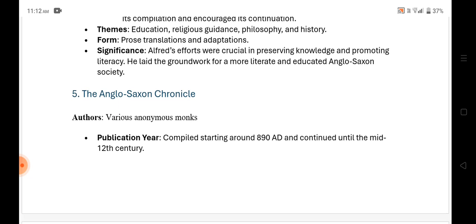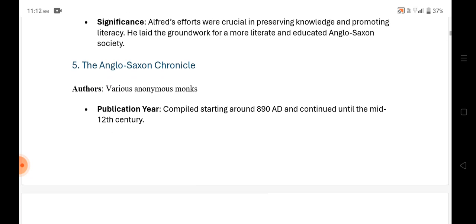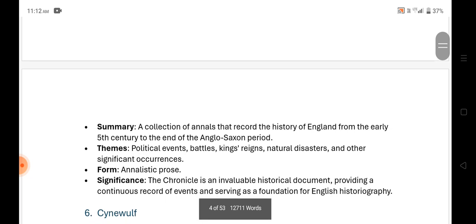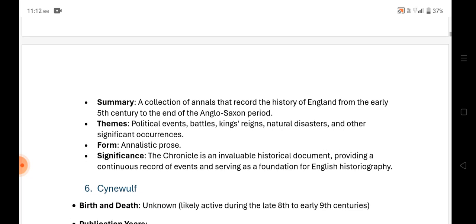The next is the Anglo-Saxon Chronicle. The writers are anonymous. Compiled starting around 890 AD and continued until the mid 12th century. It is a collection of annals that record the history of England from the early 5th century to the end of the Anglo-Saxon period.